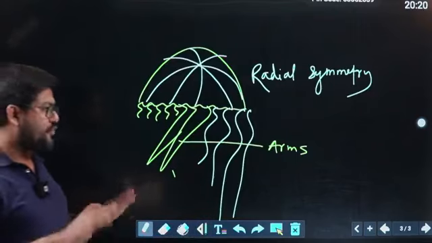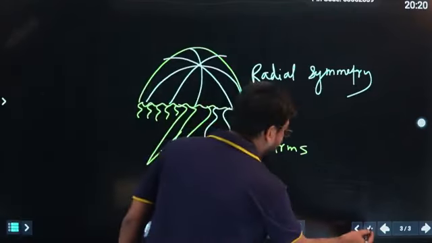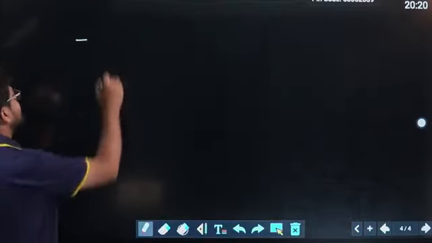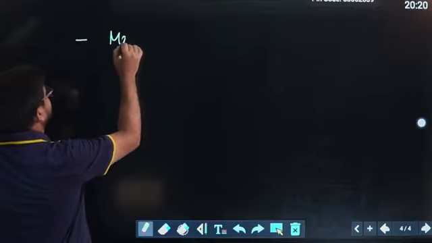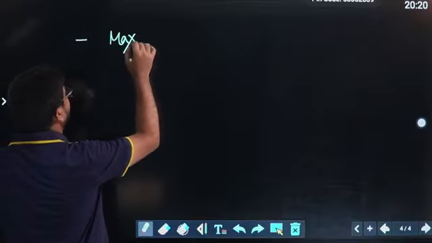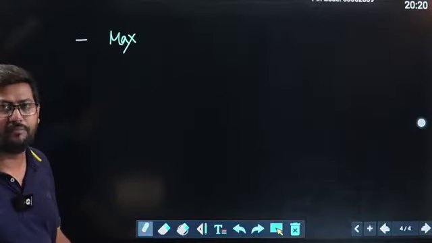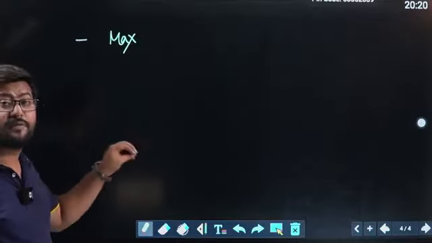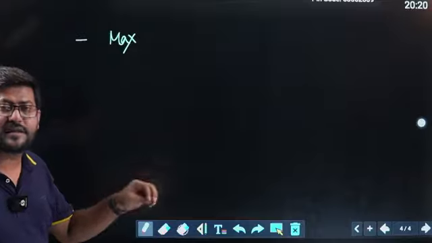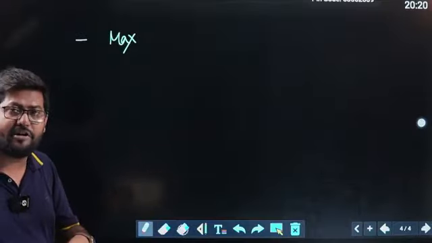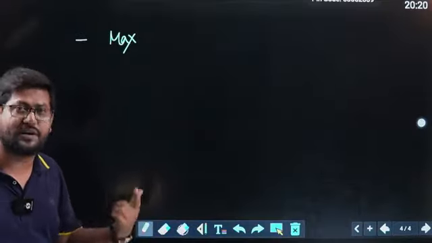So finally, what have we obtained from this group of animals? Look, I said at the beginning, it is exclusively marine. Exclusively marine means the animals are only found in the marine environment. But in maximum cases you can find this kind of animal in the marine environment, but hydra is totally freshwater.